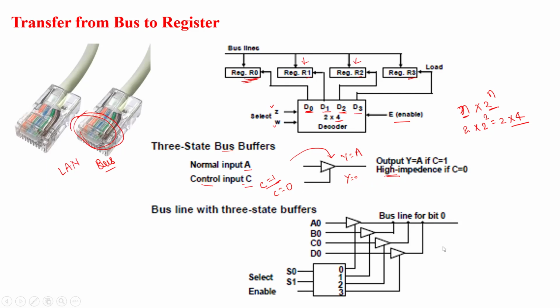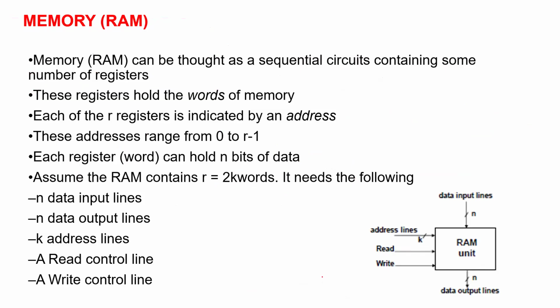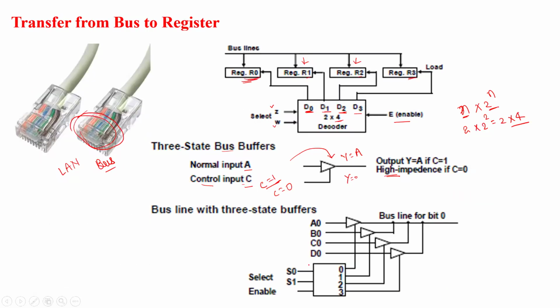Another example here, in place of how we have done it earlier. Here, with the help of a decoder, it is not a multiplexer, this is the decoder. Two inputs are there, S0 and S1. These are the select inputs that decide which buffer is going to be active, that's why it's called select.